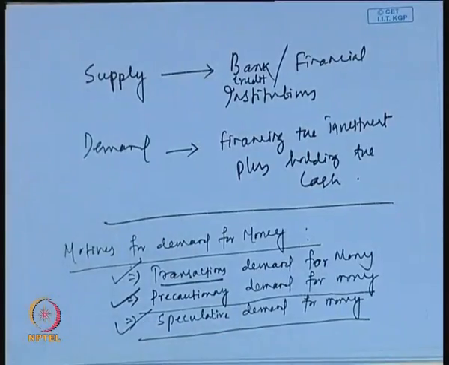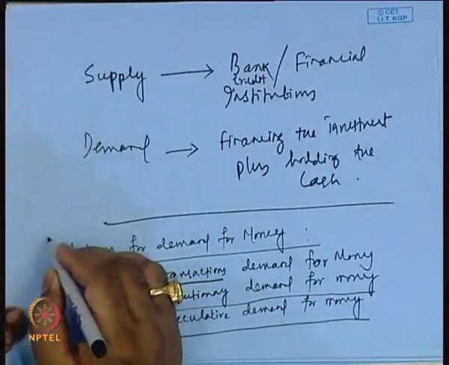In this context, the investor is speculating that if I invest certain money here, my return will be maximized after a certain period. Therefore, Keynes included another motive for demand for money, called the speculative motive. After identifying these three, Keynes said that money supply is exogenously determined.